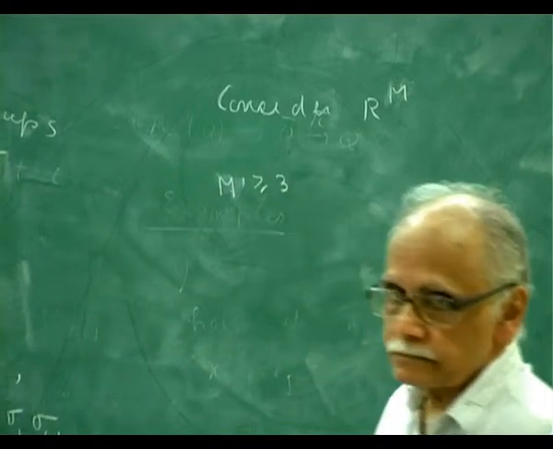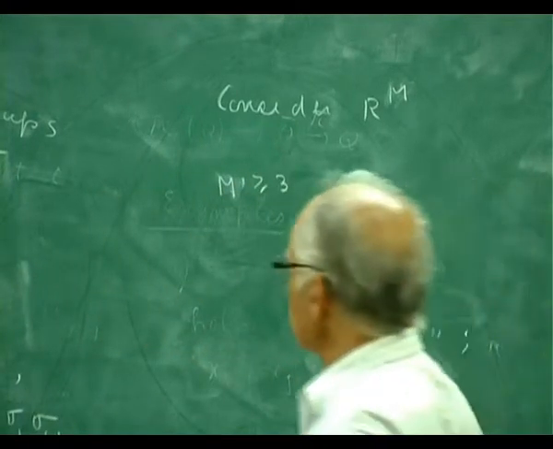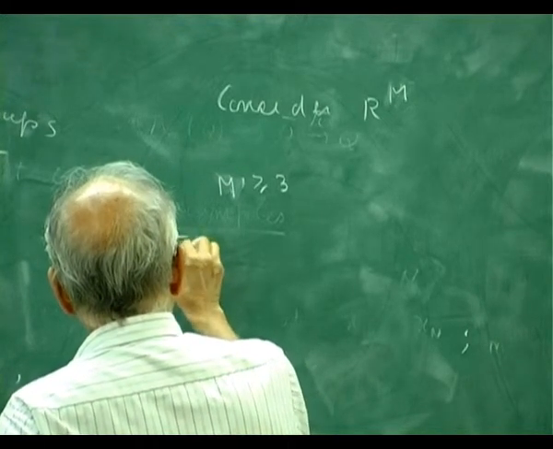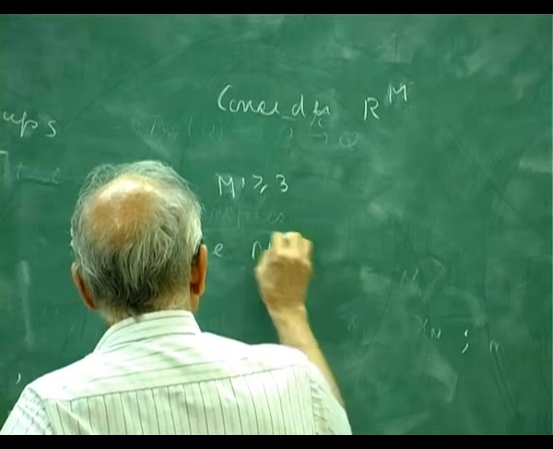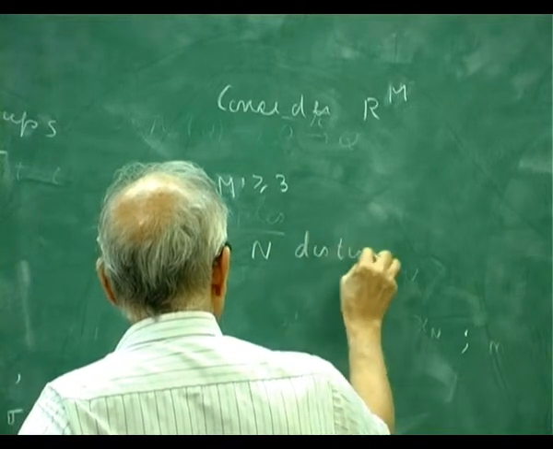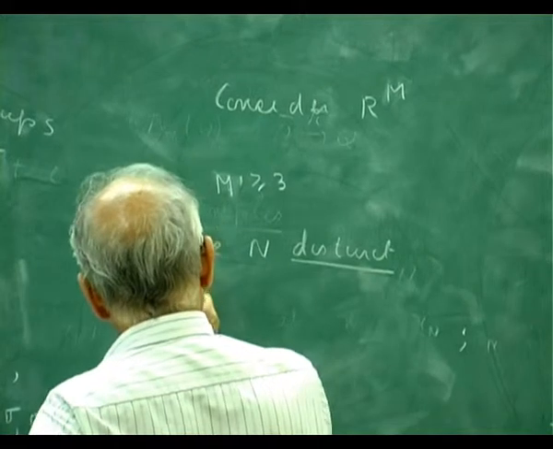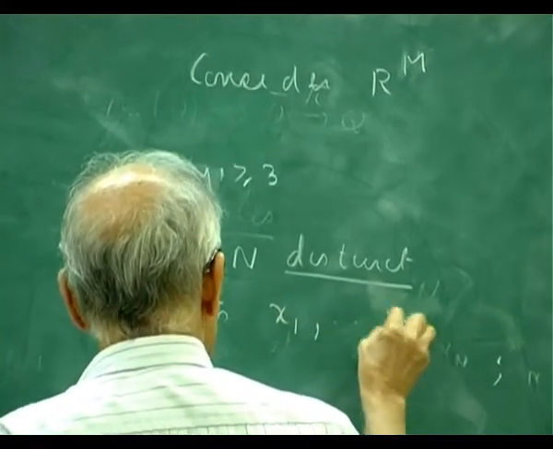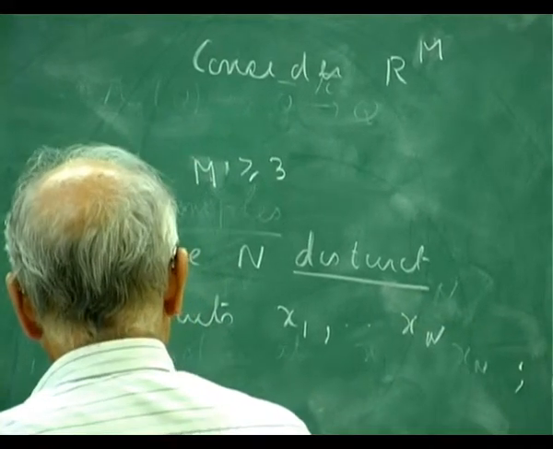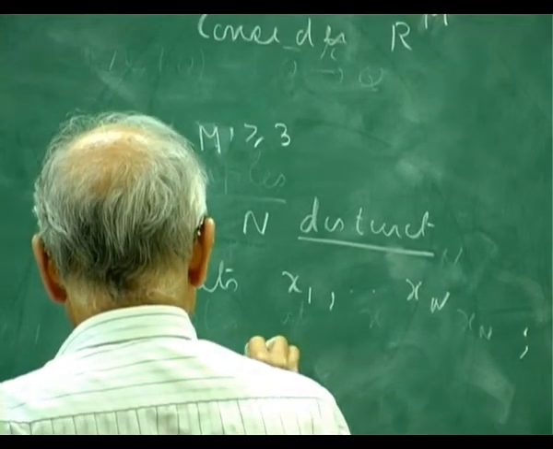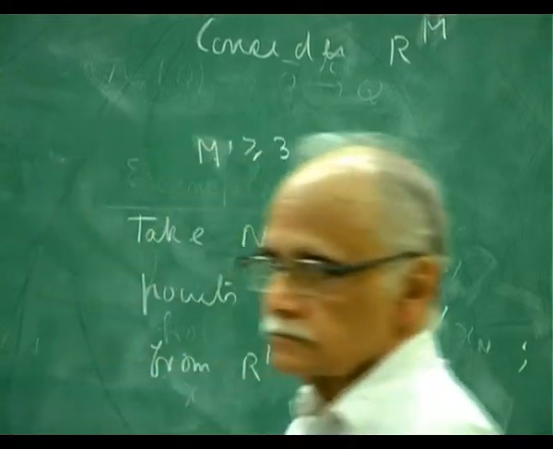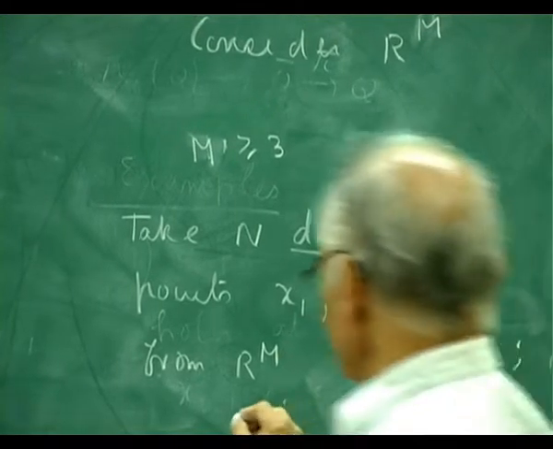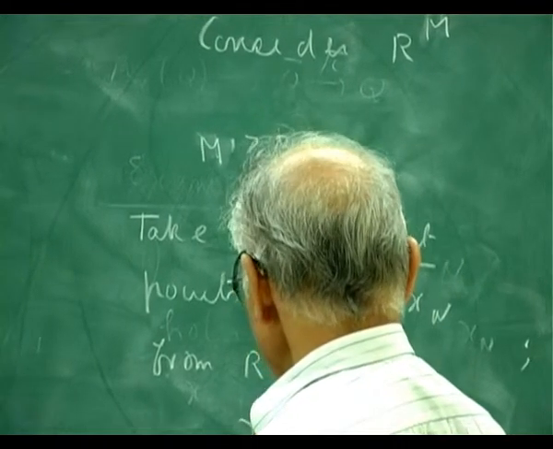Take n distinct points x1 up to xn from Rm. They are different, so xi is not equal to xj.